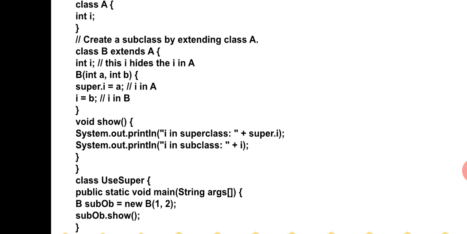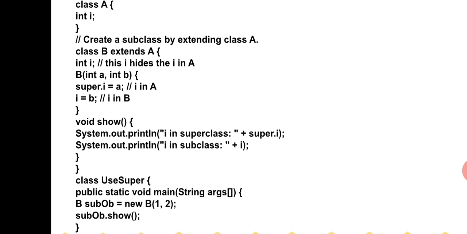Now you will see here, you have one constructor called B, with two parameters, int A comma int B. Inside that you have super.I = A. Now which I will be accessed? The I of A will be accessed, whatever the I present in A. Why? Because you are using the keyword super.